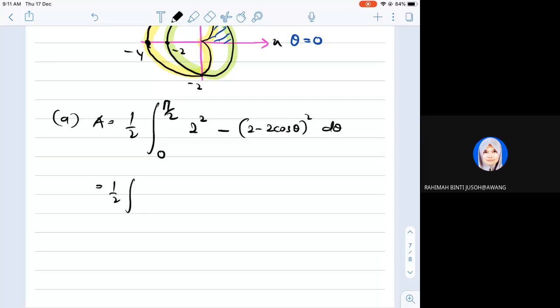So 1 over 2, 0 until pi over 2, 4 minus. Let us expand this. It becomes minus, because we have 2 times 2 times 2 cos theta, 8 cos theta. And the last one should be plus because negative 2 cos theta squared becomes plus 4 cos squared theta.